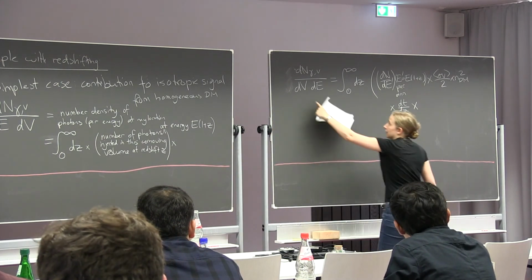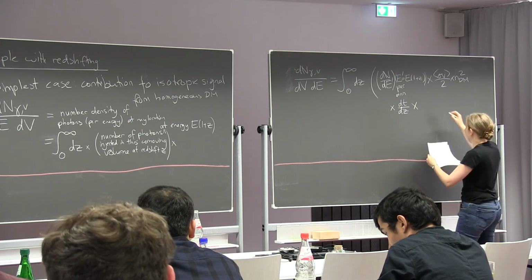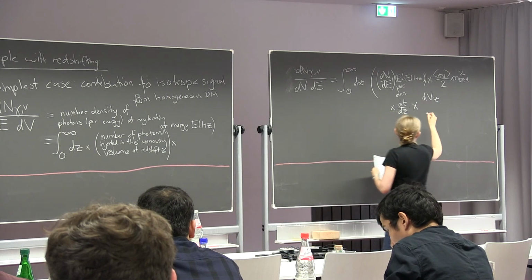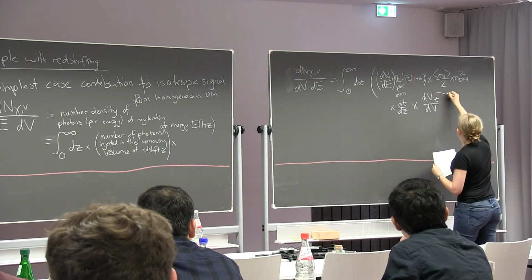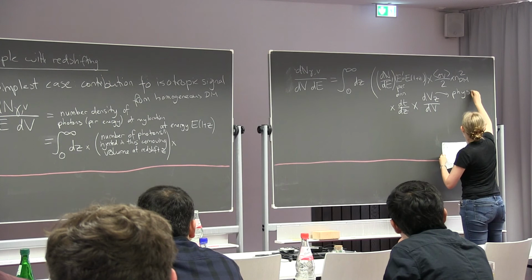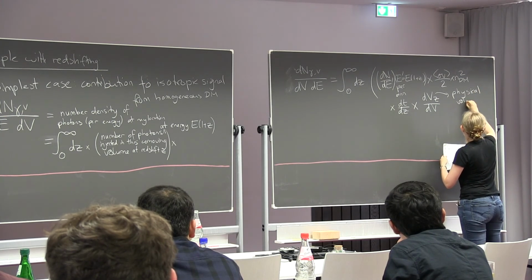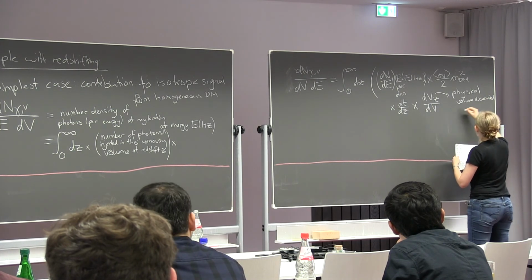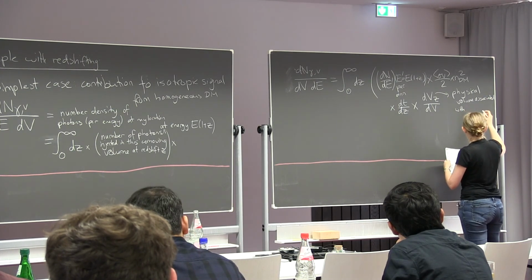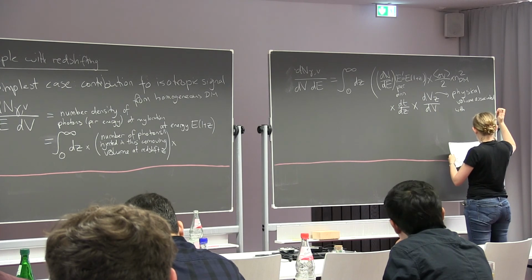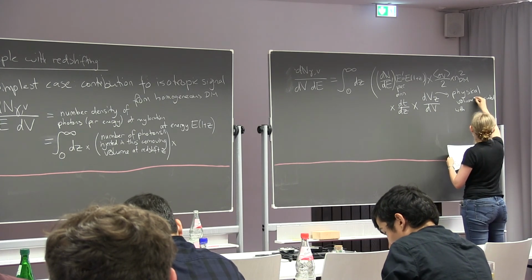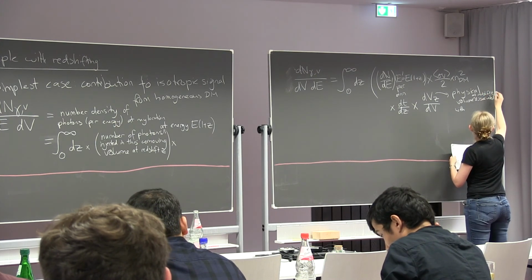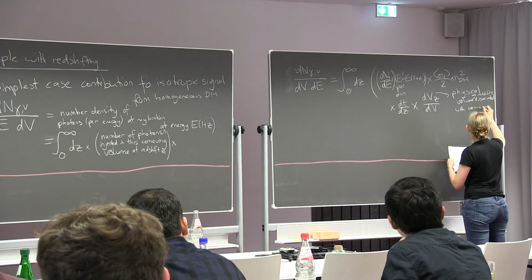So this is going to be like dV_z over dV, where this is the physical volume at redshift z associated with the co-moving volume.